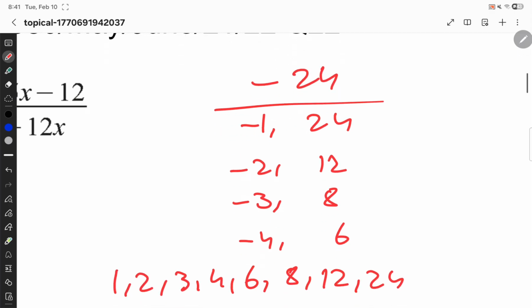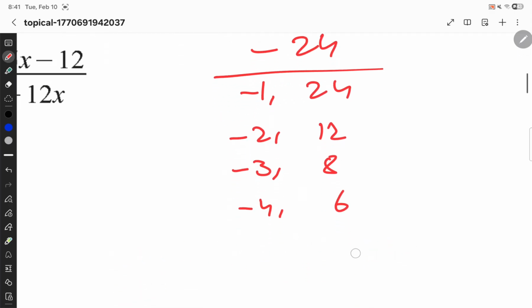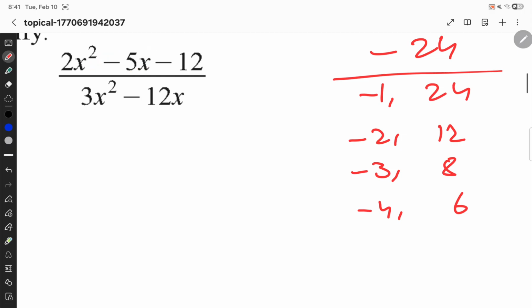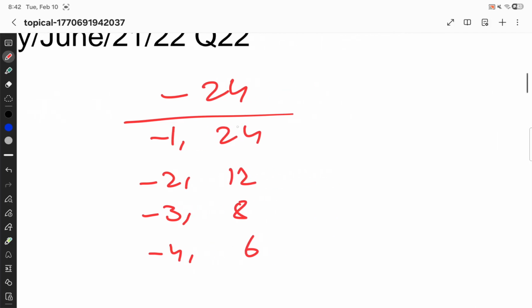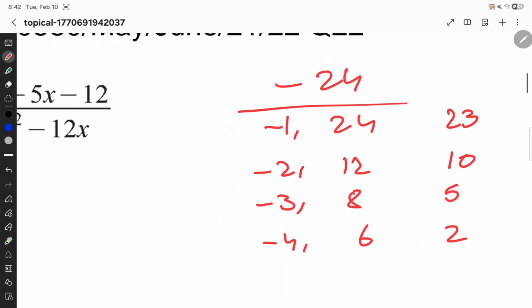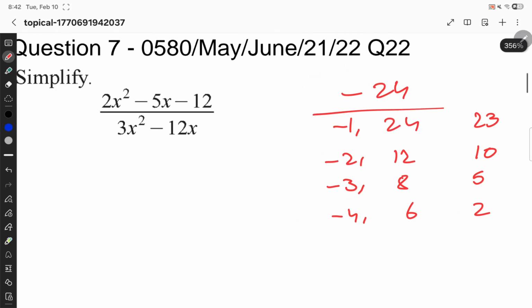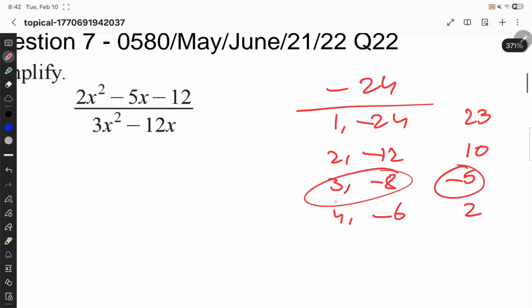Okay, next you want to find if they add to the middle term. Here this first case is this, the left side being negative, then for the next case we may have the other side be negative. If we add, this is 23, this is 10, this is 5, and this is 2. If we just have this row negative instead, this is negative 5, which is our pair.